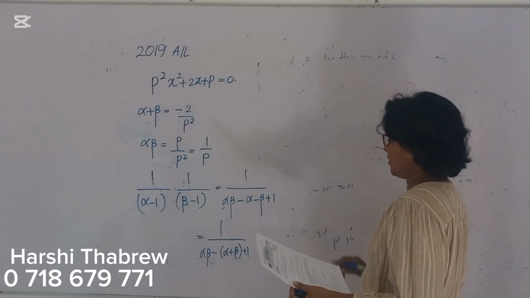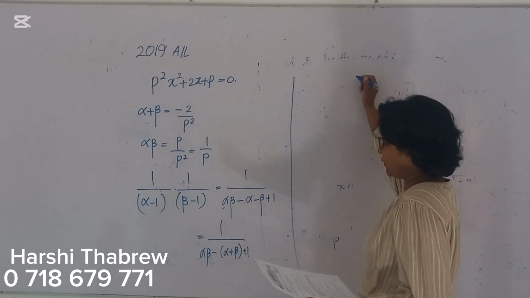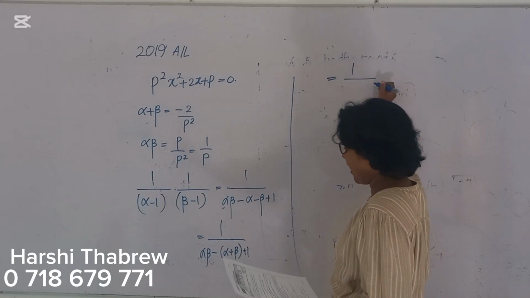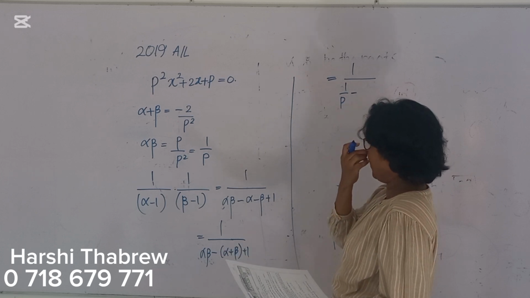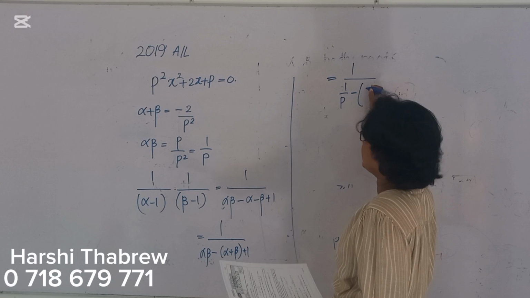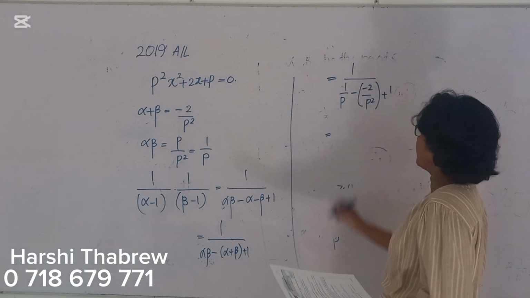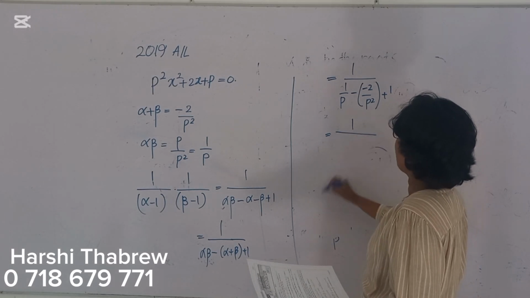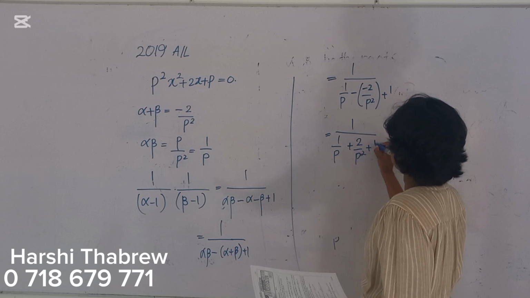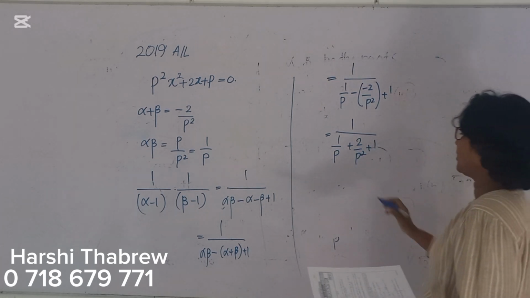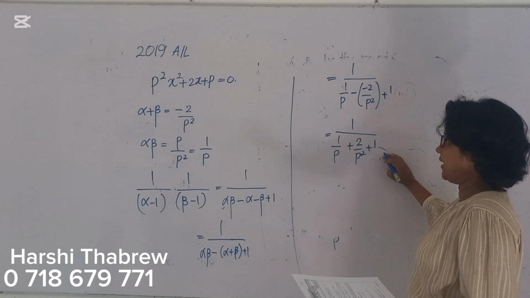Then you can do the substitution. 1 over alpha beta is equal to 1 over p, and minus alpha plus beta is equal to 2 over p squared, plus 1. So you can write it as 1 over p plus 2 over p squared plus 1. Then you can multiply both numerator and denominator by p squared.